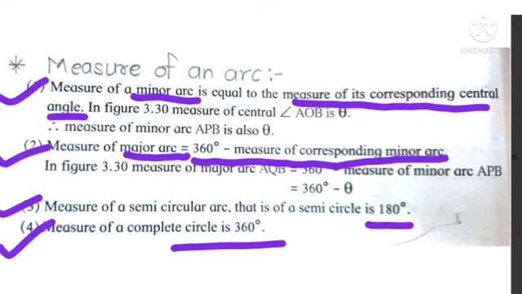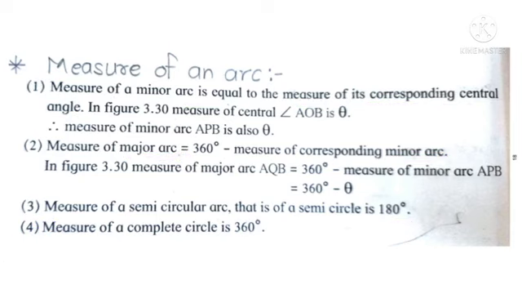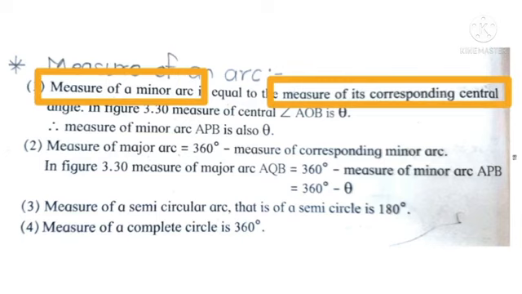Okay, understand what you remember here? I once again repeat. See, first, measure of minor arc is equal to measure of corresponding central angle.